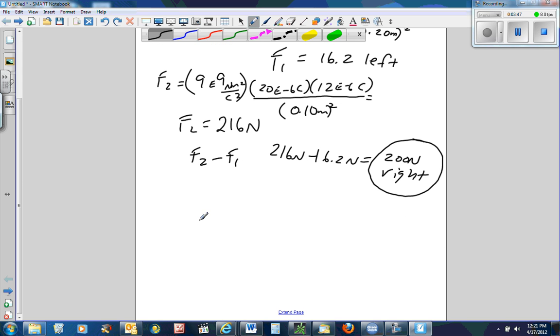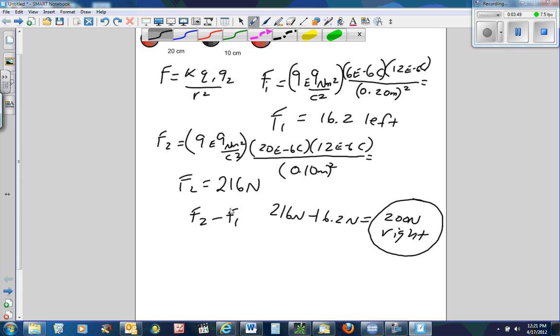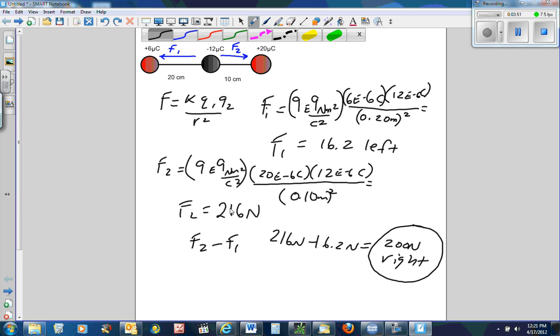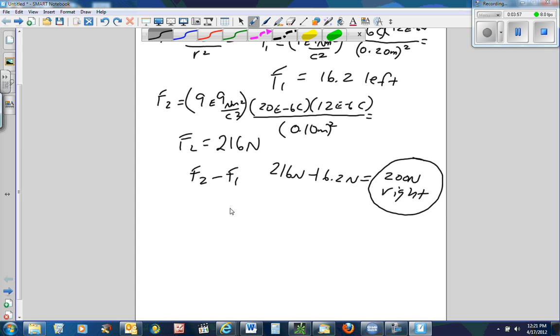And then, of course, if we wanted to, we could find the net electric field. What would we do with that? We'd have to know where we wanted to find it, but basically the electric field of a point charge is K Q over R squared. And let me change the view a little bit.